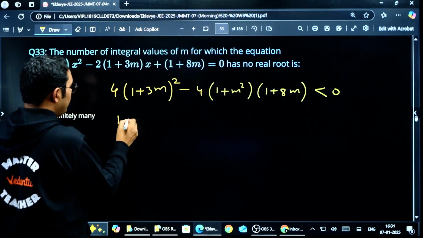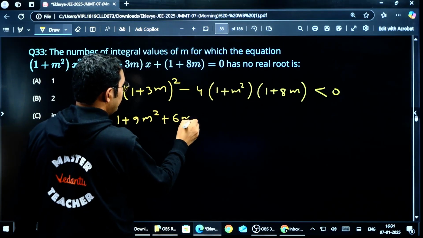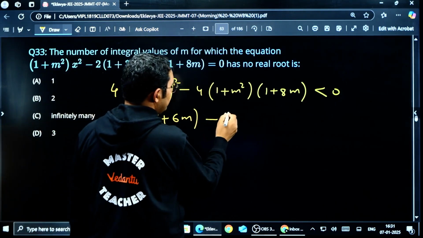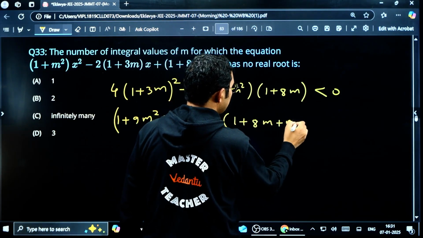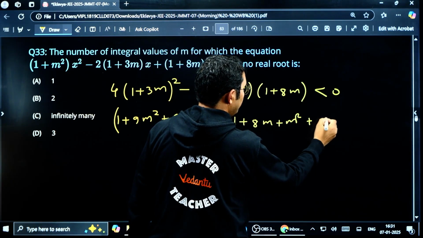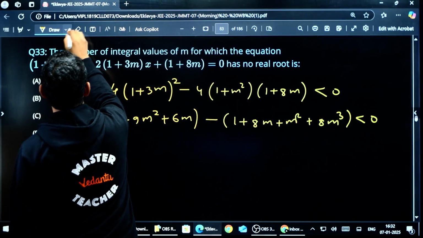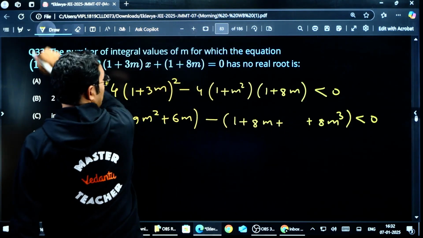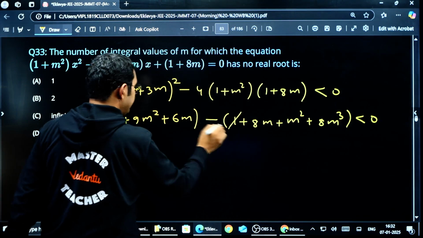Then if you open it, you get 1 + 9m² + 6m minus this product, which will be 1 + 8m + m² + 8m³. That should be less than 0. This was m² here. Yeah, so 1 is cancelled here.